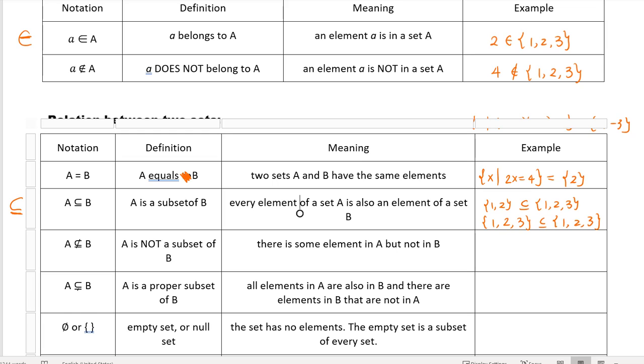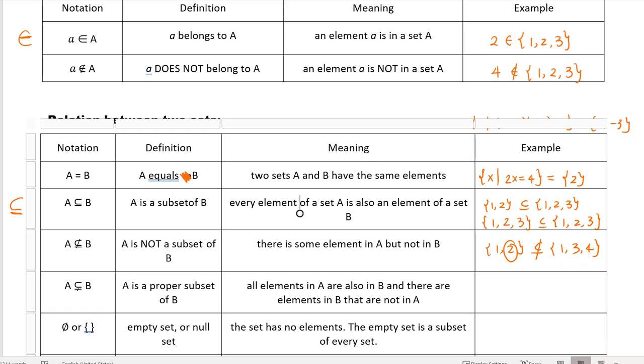Alright, next. A is not a subset of B. It means there must be some elements in A, but not in B. So that's why A is not contained entirely in B. For example, {1, 2} is not a subset of {1, 3, 4}. 1 is okay because it's also in the set {1, 3, 4}, but 2 is not okay.